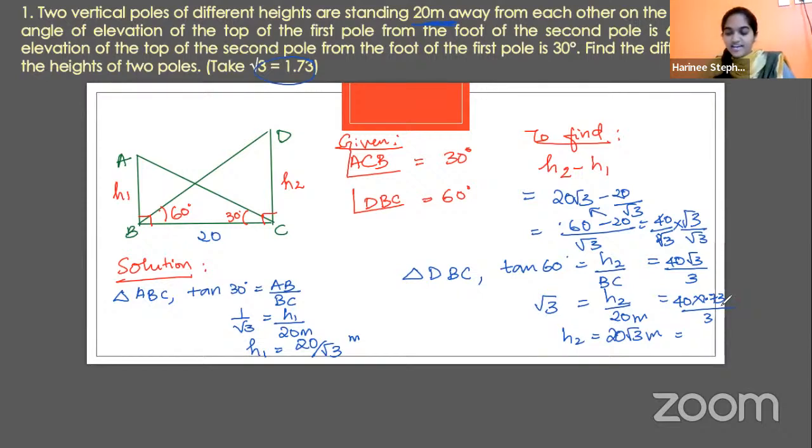Students who are watching the live can also share your answers through chat. You can either do 40 divided by 3 and then multiply by 1.73, or first multiply, then divide.